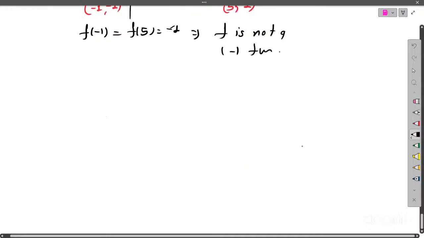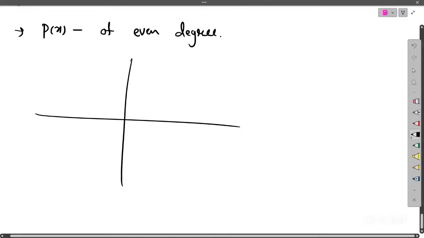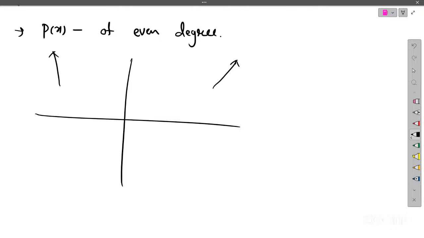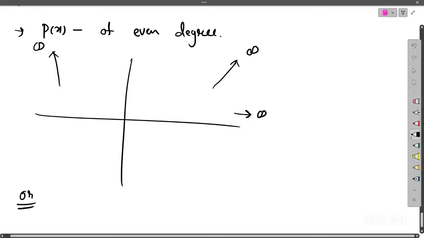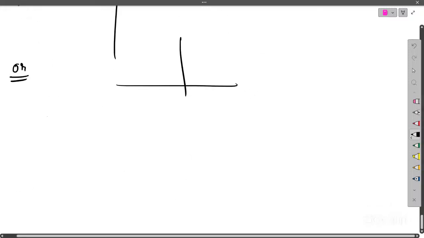Okay, so mostly whenever we have a polynomial p of x of even degree, that means an even degree polynomial, we know that this polynomial either goes to plus infinity from both sides, so as x goes to infinity, this polynomial goes to infinity, or the reverse of this can happen, that means it goes to minus infinity.